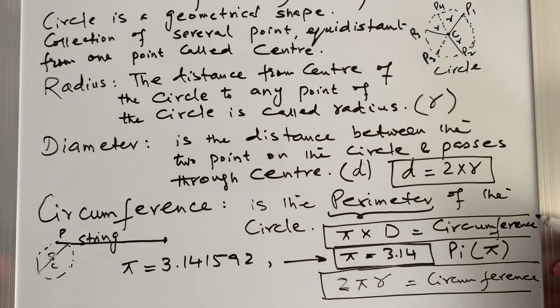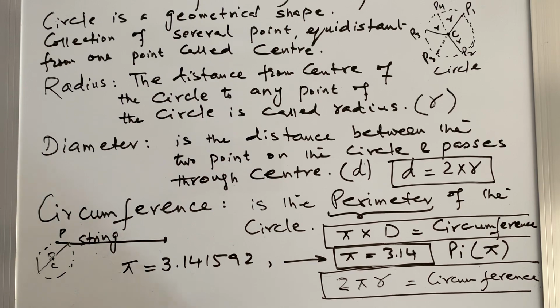So we should note it somewhere, or say it a few times so that we can memorize it, because you have to remember it for a longer time. What is the circumference of the circle? In terms of diameter, it is pi times d, and in terms of radius, it is 2 pi r, because d is 2 times r.